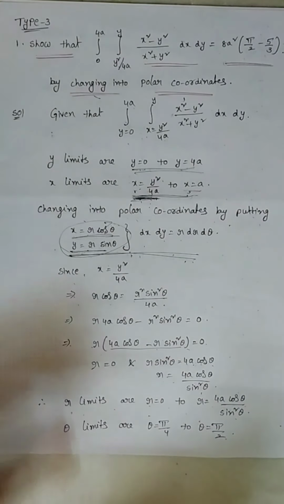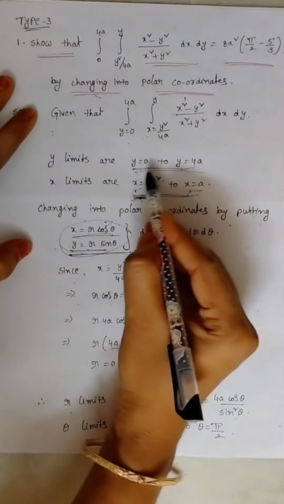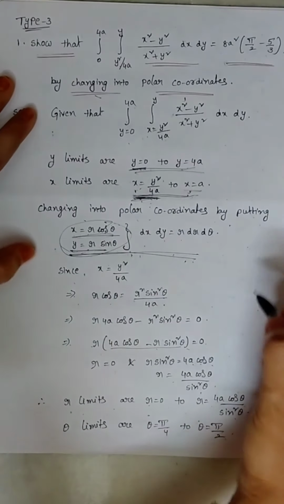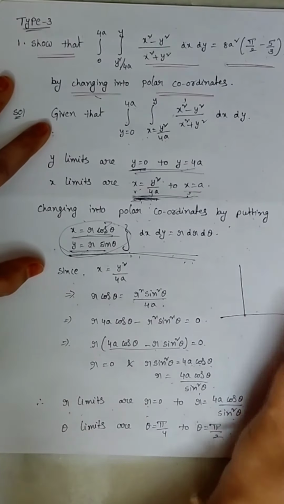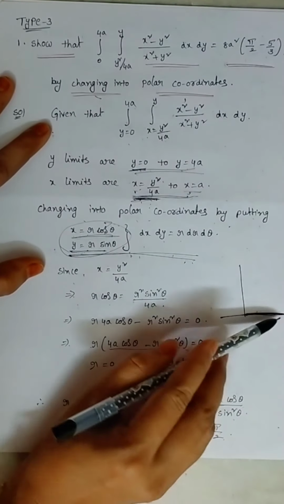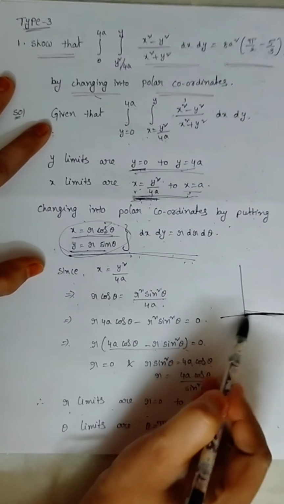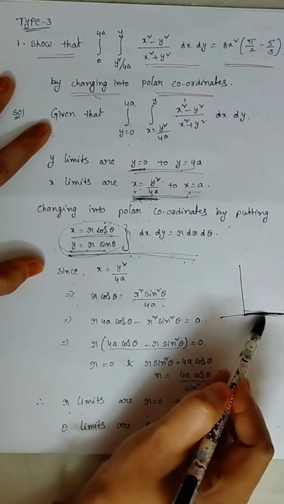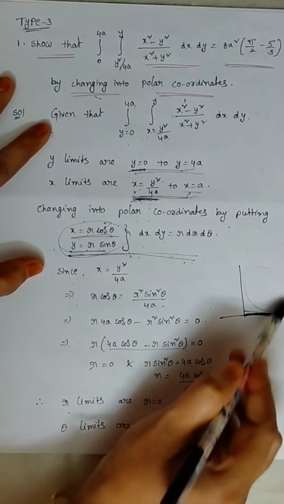Now we have to find the theta limits. Given y equals 0, the lower limit becomes 0, which means the region is in the positive quadrant.